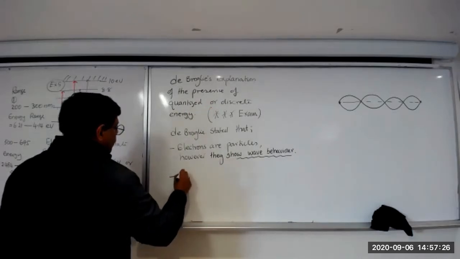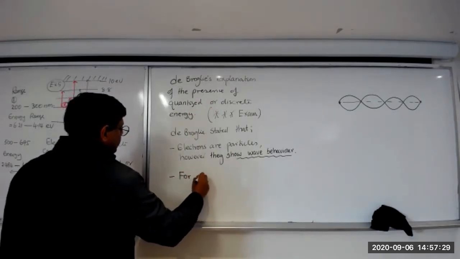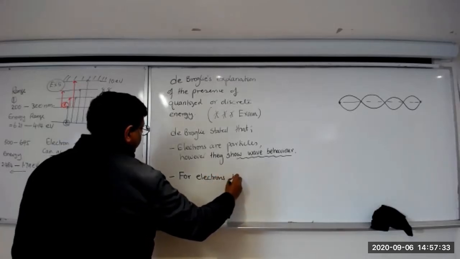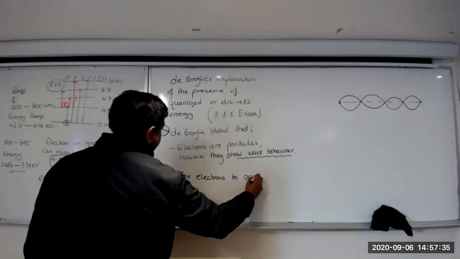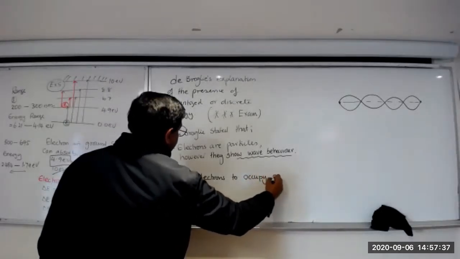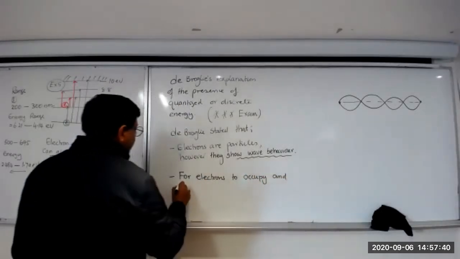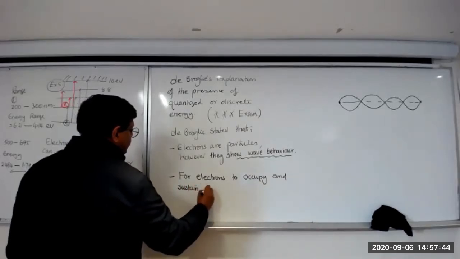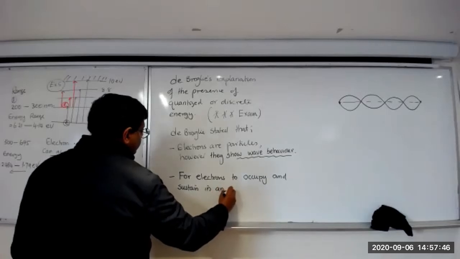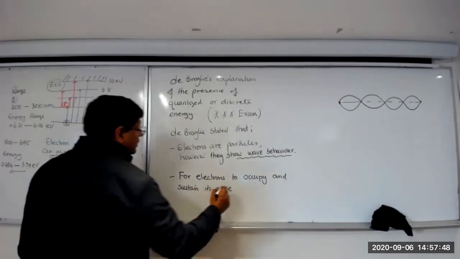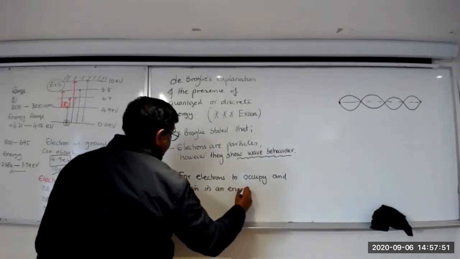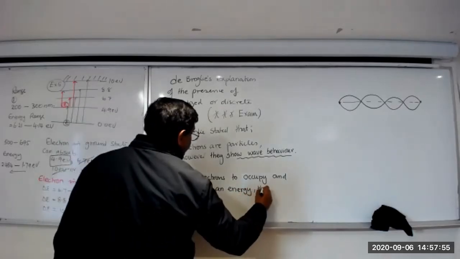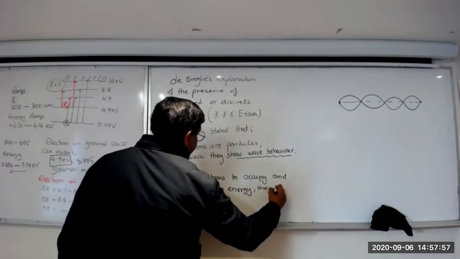So for electrons to occupy and sustain in a certain energy level, essentially without losing any energy, they should form standing waves.